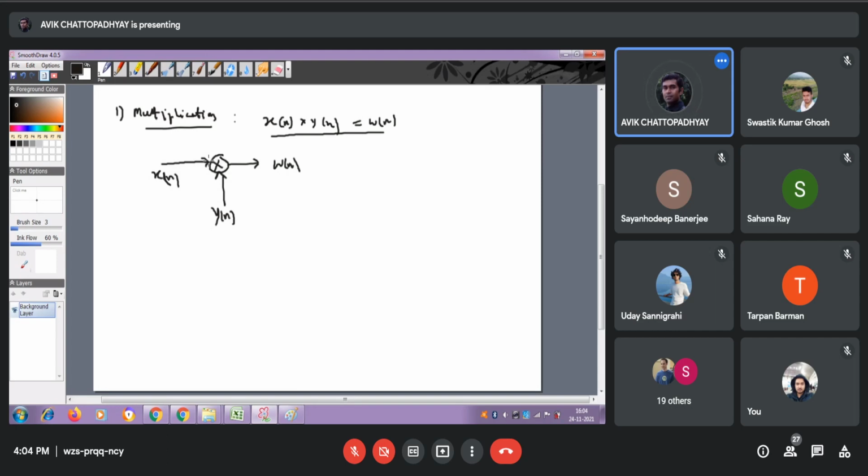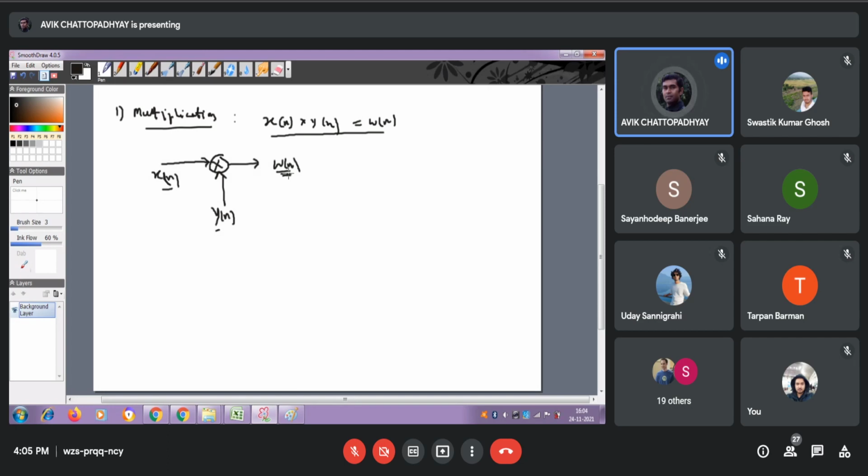These are the inputs for this system, and they get multiplied, and what comes out of the multiplier box, as this arrow indicates, is the resultant signal, which is nothing but the product of these two, again a signal. Please note, this is a signal, this is a signal, this is also a signal. These three are signals actually.